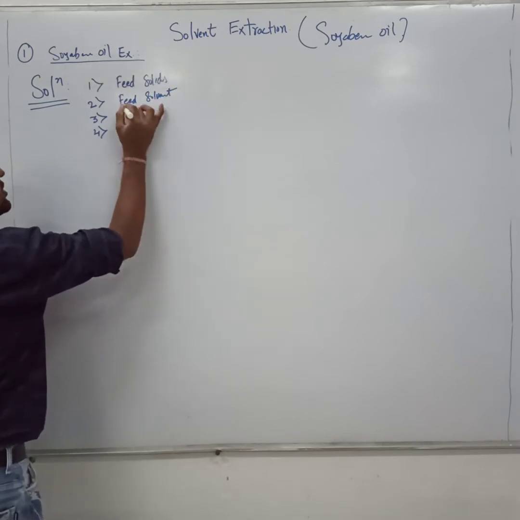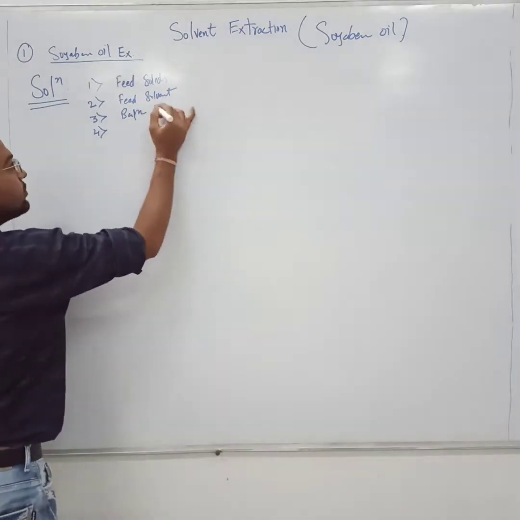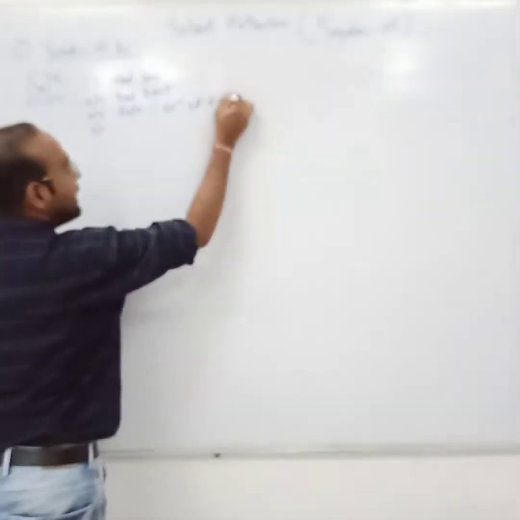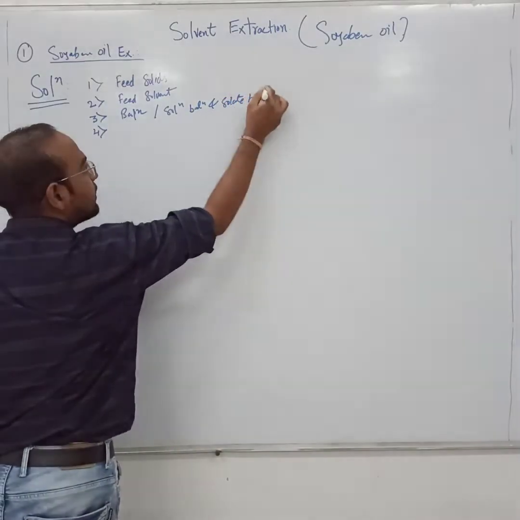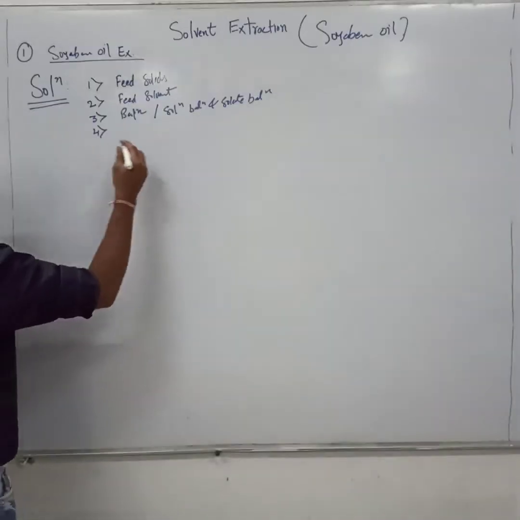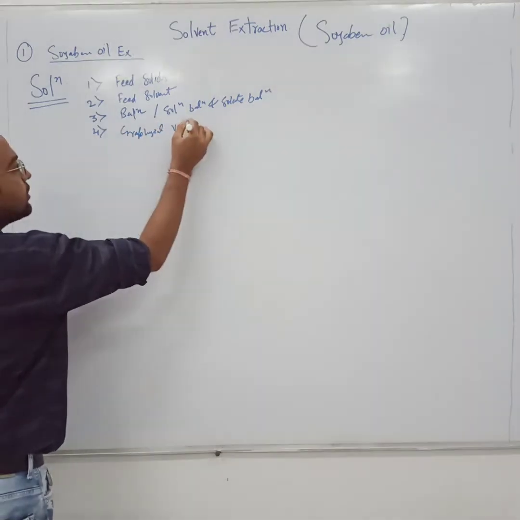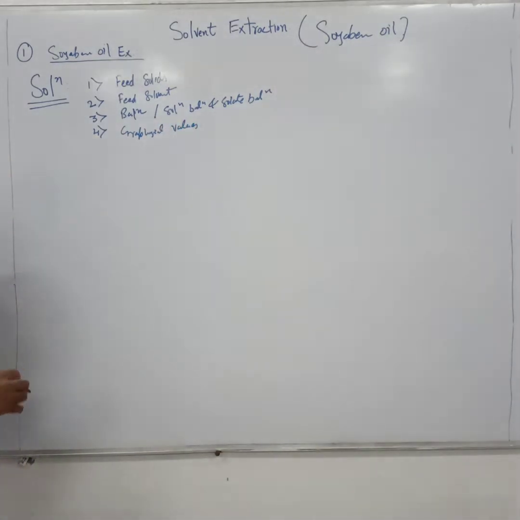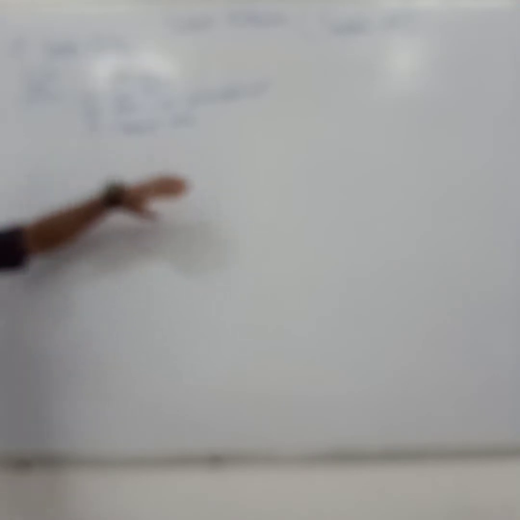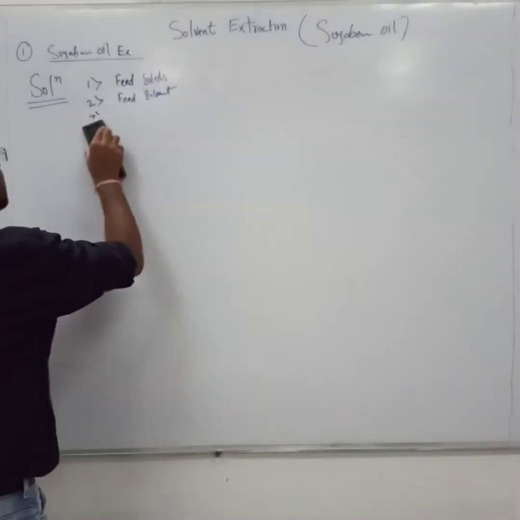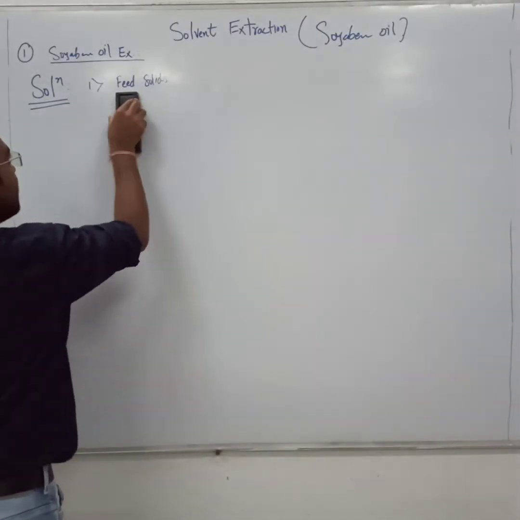Third part is balancing, means solution balance and solute balance you need to find. And the last part is graphical values, where there is a need to use the graph. With the help of graphical values, we are able to come to our final value. So with these 4 stages, we are able to solve our numerical very easily.